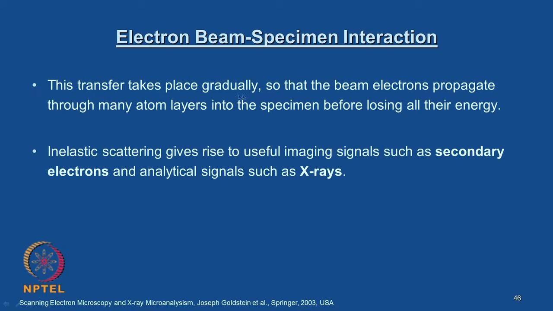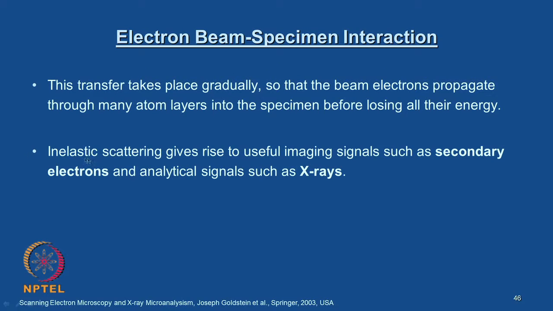This transfer takes place gradually so that the beam electrons propagate through many atom layers into the specimen before losing all their energy. So, the loss of energy of the electron beam is not going to be instantaneous.